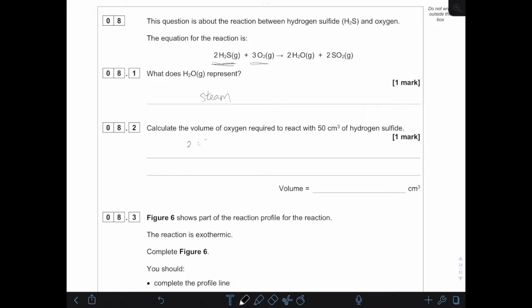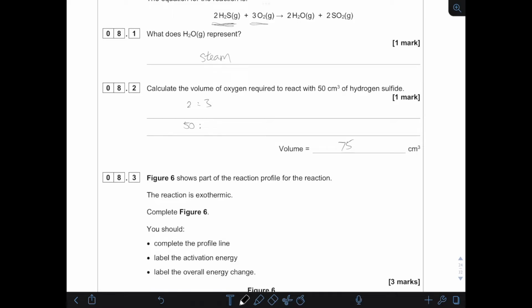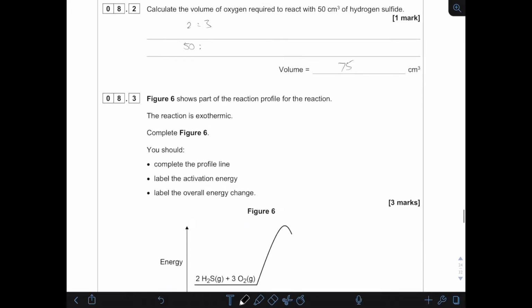So that's 50 divided by 2 times 3. Why? It's just math. I'm not going to go into how to calculate ratios. If you want to check how to do ratios, go check out the math videos on my channel. Admittedly, they're very old and I need to revamp them, but I'm not doing it here. This is a past paper walkthrough, not a math video.